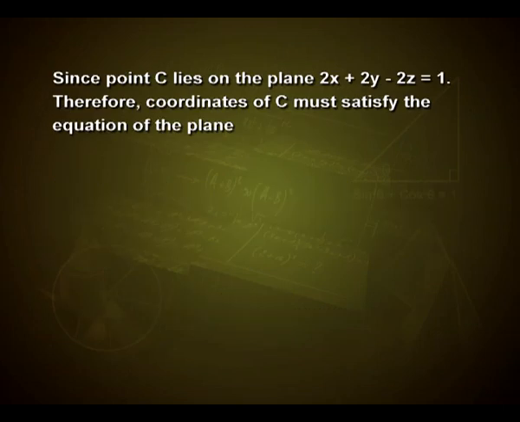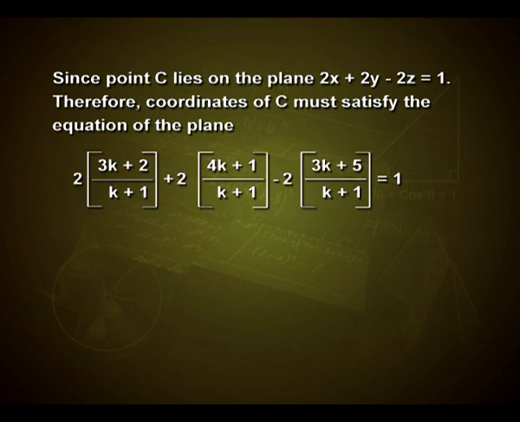Since point C lies on the plane 2x + 2y − 2z = 1, the coordinates of C must satisfy the equation of the plane, that is 2 into (3k + 2)/(k + 1) plus 2 into (4k + 1)/(k + 1) minus 2 into (3k + 5)/(k + 1) is equal to 1, which on solving gives us 8k − 4 = k + 1, that is 7k = 5 or k = 5/7.